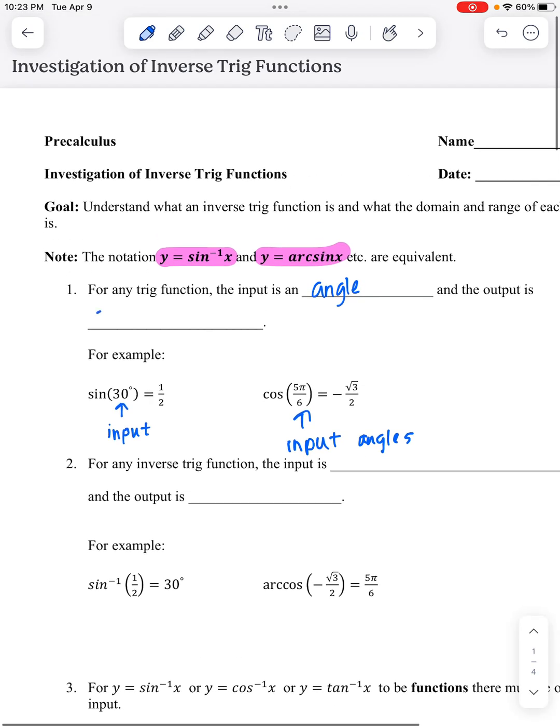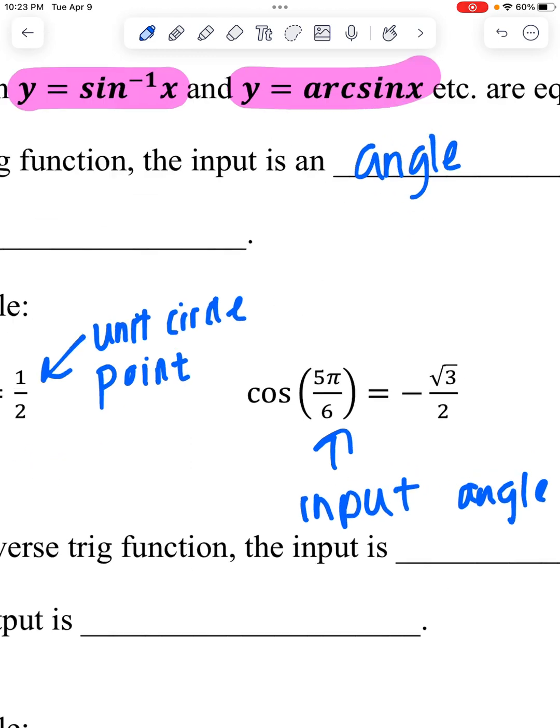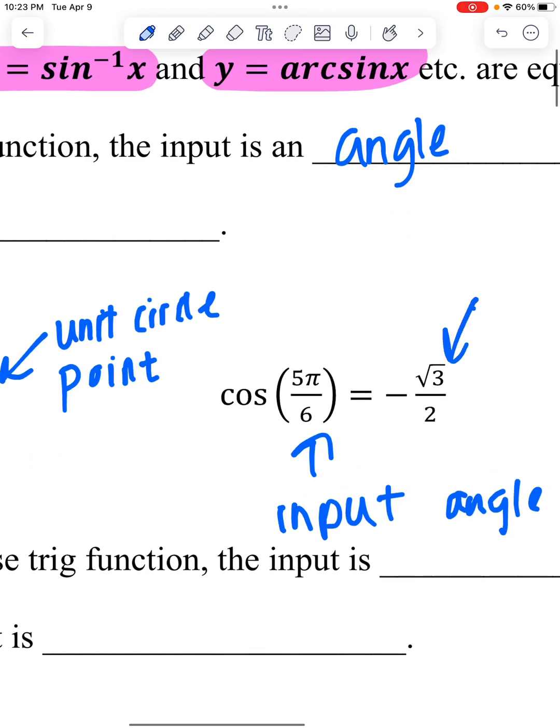And the output is the point from the unit circle. So we go to 30 degrees and we see that the y value is 1/2, and that's our answer. Here we go to 5 pi over 6, cosine is the x value, and so that's negative root 3 over 2.